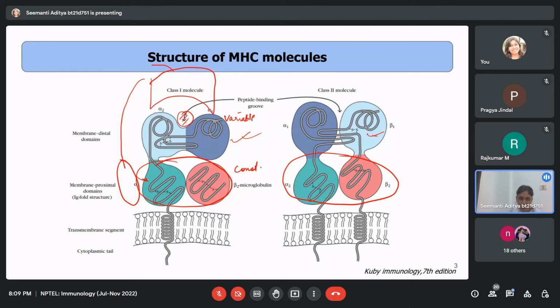CD4 is not going to bind to any processed peptides, and it has no role in direct binding to the T cell receptor or to a processed antigenic peptide. It is just a co-receptor, helping the binding to be much stronger and specific. Apart from that, there is no such direct interaction.